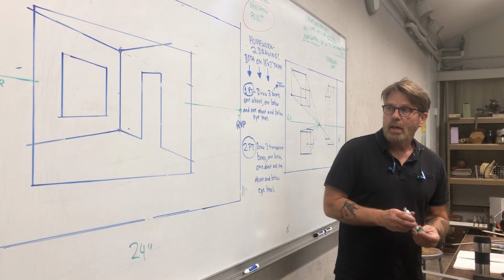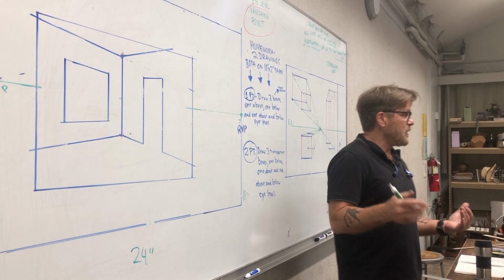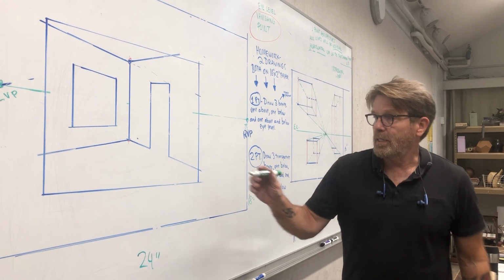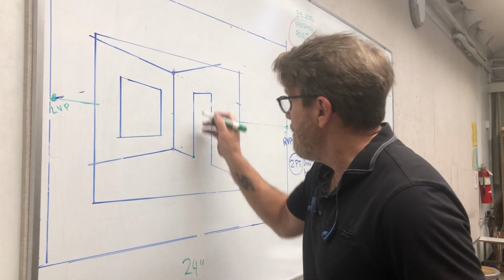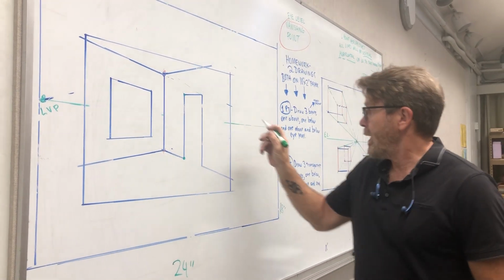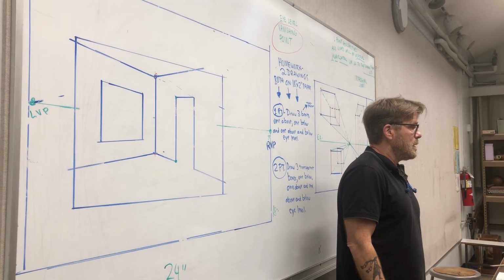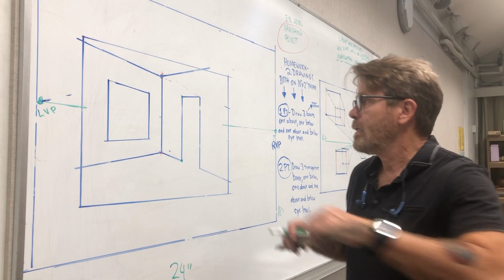So, it's once again figuring out which vanishing point to go to. So what I'm going to do down here and up here is go to my right vanishing point. Okay? All right.